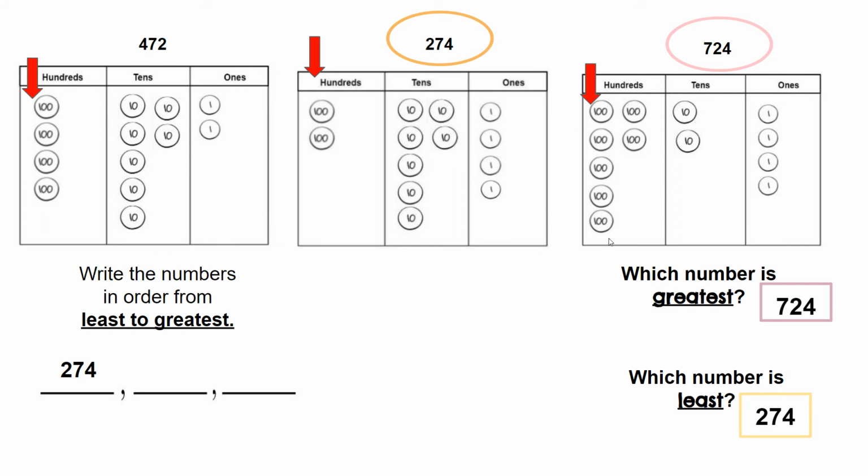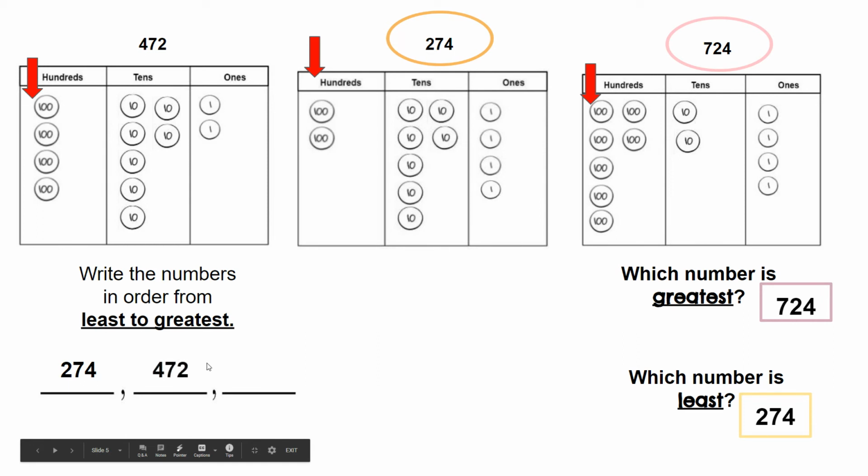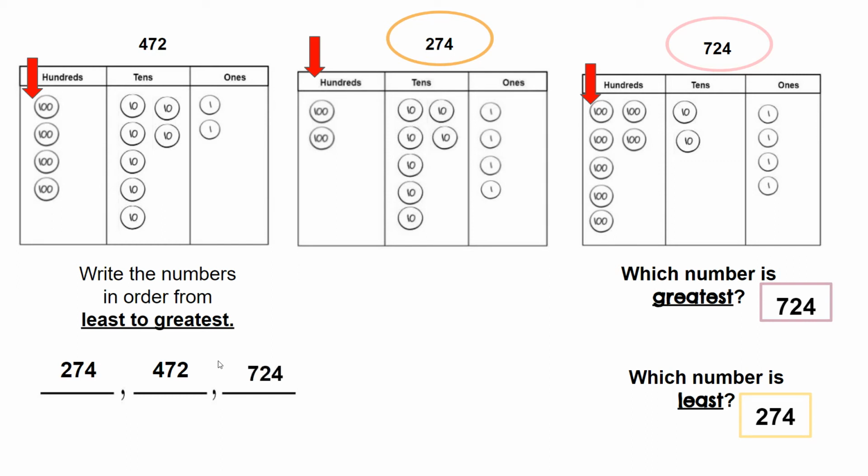So automatically, the next smallest number is 472. And the largest or the greatest number that has the greatest value is 724. So from least to greatest, from 200 to 274, going to 472 up to 724.